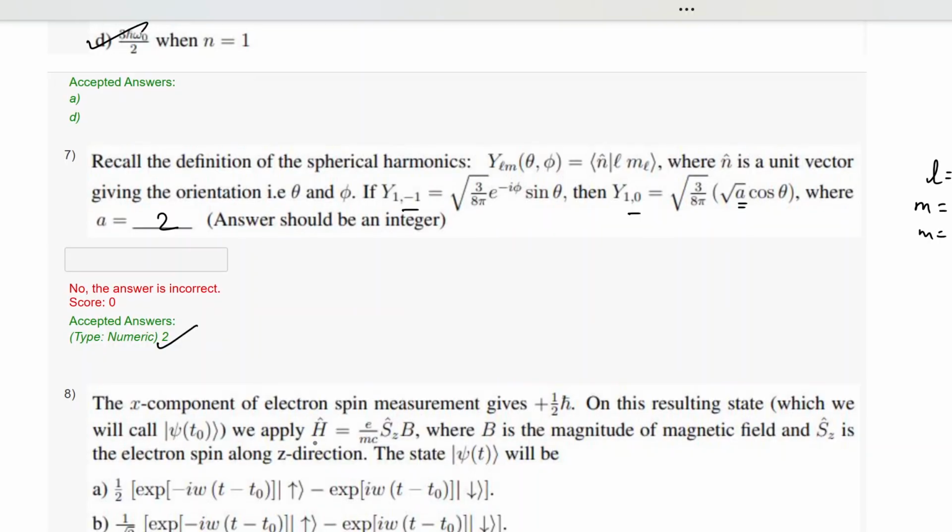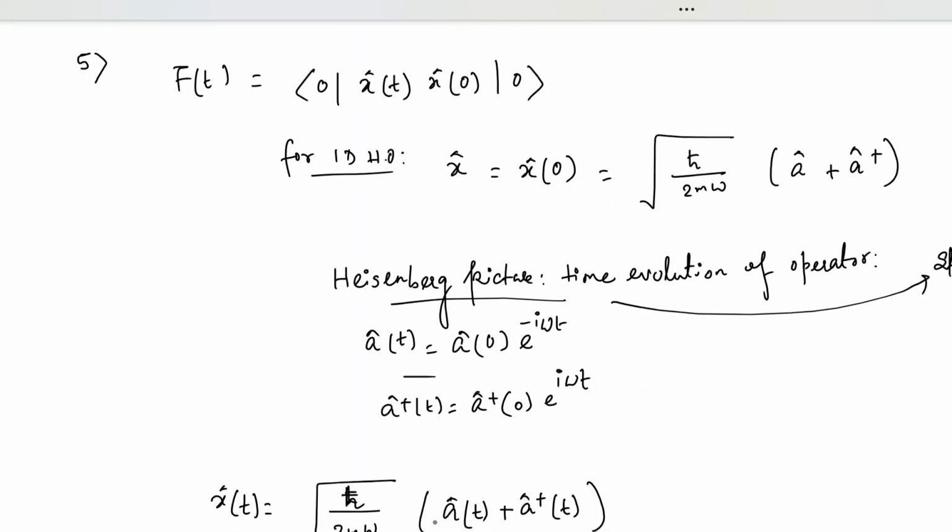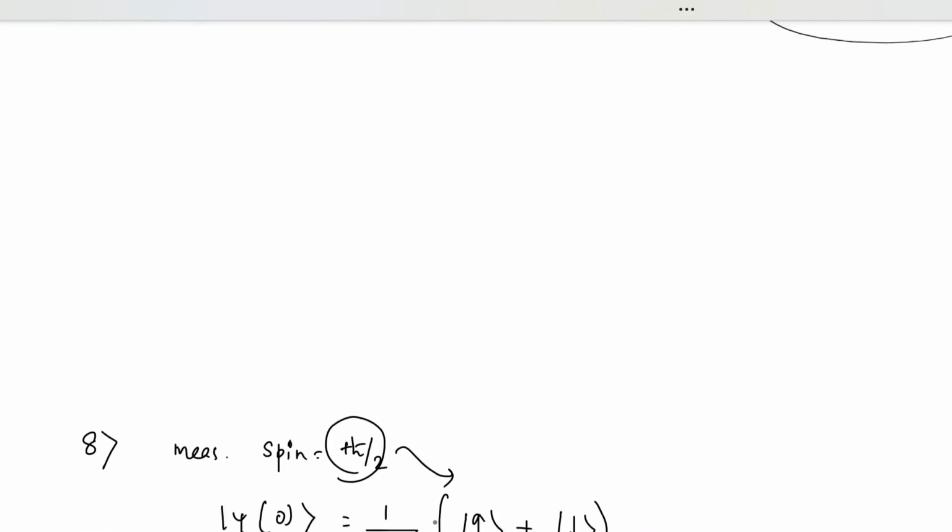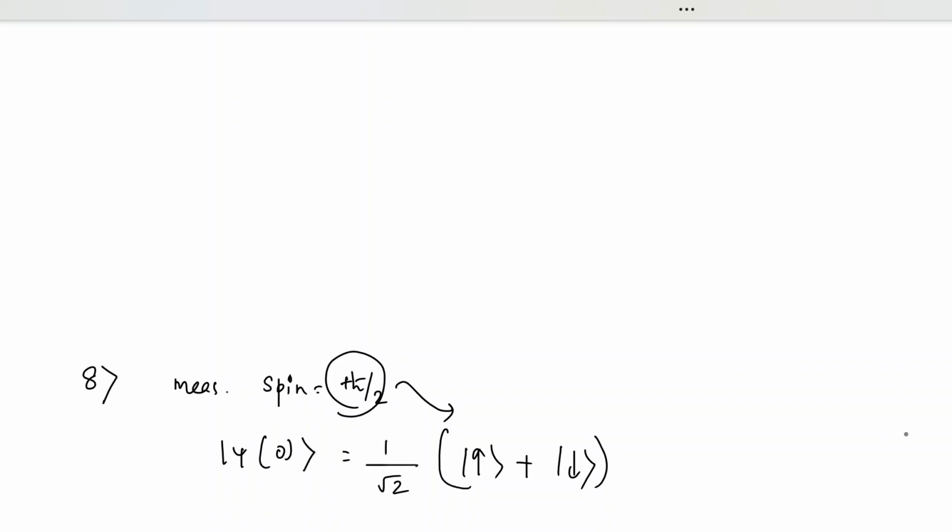Yeah, the x component of the electron spin is giving the value h cut by 2, and sz is the z component of the spin. So you know that sz eigenfunctions form the standard basis for this spin operator. This is spin up and spin down. These are the basis vectors, and measurement of sx gives an eigenvalue of h cut by 2.